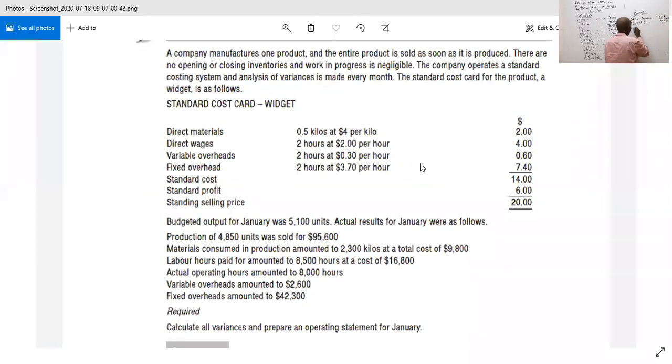And then I can see labor cost of 16,800. After that, we have variable overheads. I can see 2,600. And then I have fixed overheads, we have 42,300.